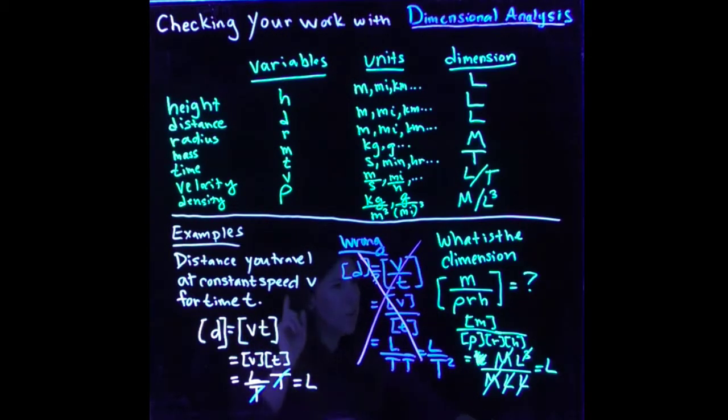And I guess the one last takeaway point I want to mention, which I didn't say, a lot of times functions that you might calculate have like factors of pi or a factor of 2 out in front. So a final question is, what do you think is the dimension if I had multiplied this by the number 3? How do you think that affects the dimension? Well, it turns out that the pure numbers are dimensionless.